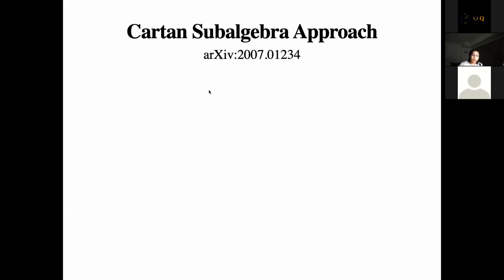I'll start by saying that the Cartan subalgebra approach is actually something that would apply to all sorts of algebra that you can use to describe your Hamiltonian. And fermionic algebra is just one particular algebra that we use, and we found it to be pretty effective in addressing the measurement problem.